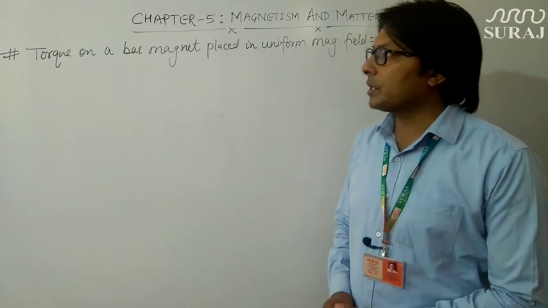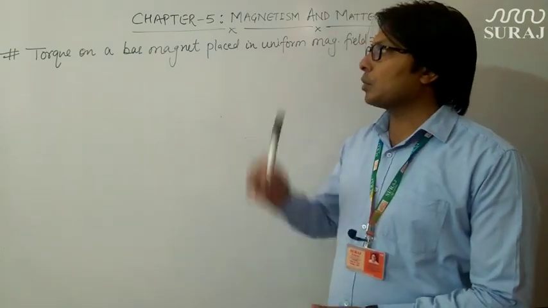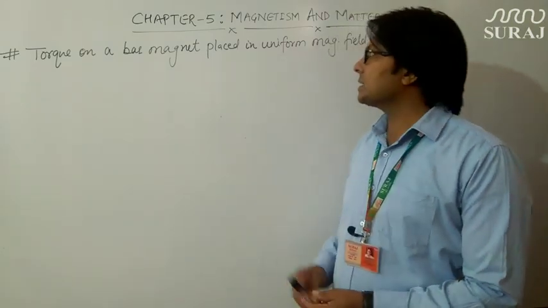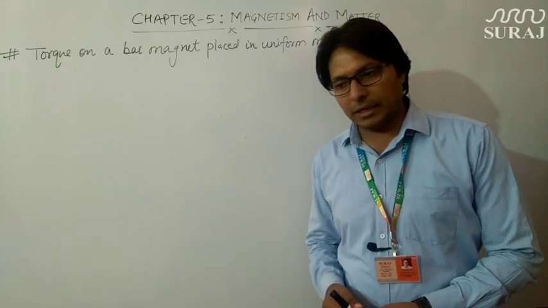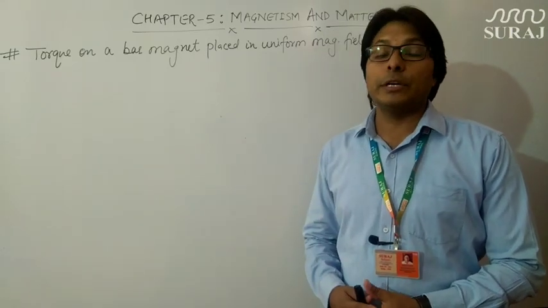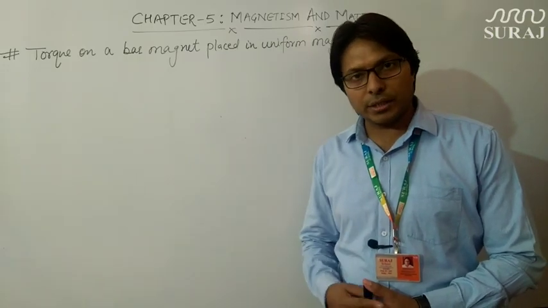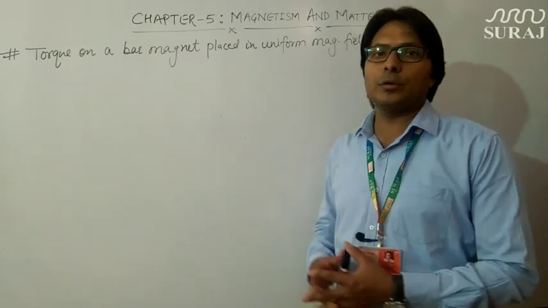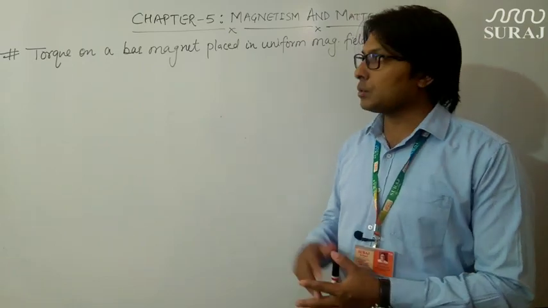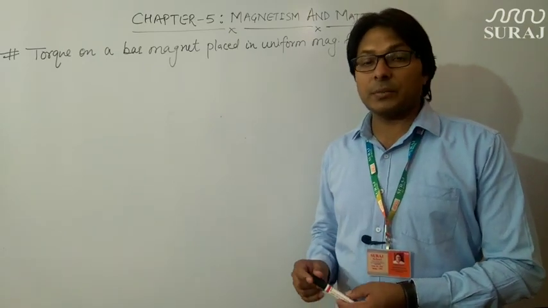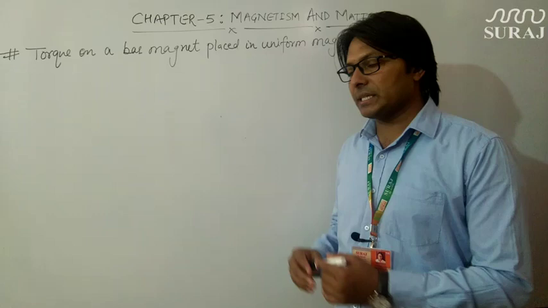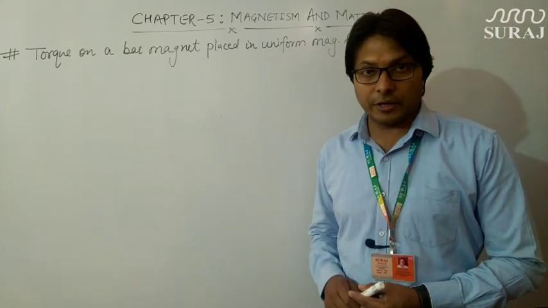Today the topic for discussion is torque on a bar magnet placed in uniform magnetic field. In our last video we discussed how a bar magnet is equivalent to a solenoid, and in this video we are going to focus on the torque experienced by the bar magnet when it is placed in uniform magnetic field.